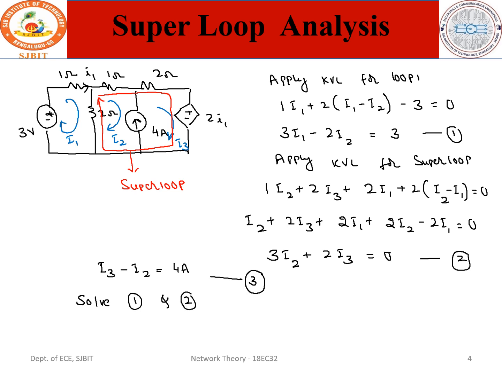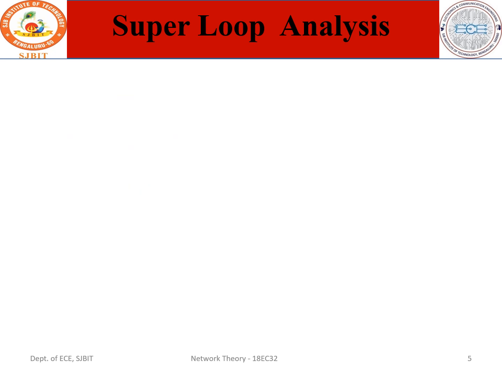After solving the equations, we can write I1 is equal to minus 0.066 amps, and I2 is equal to minus 1.6 amps, and I3 is equal to 2.4 amps.